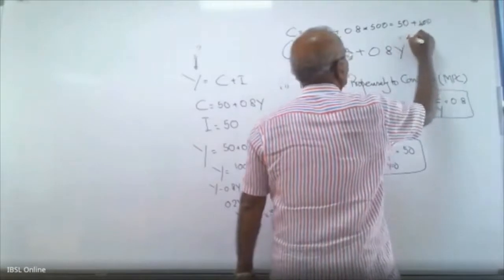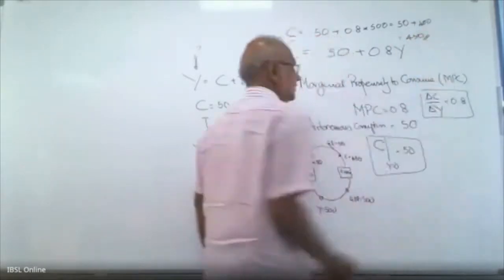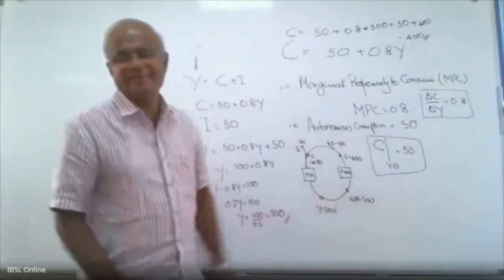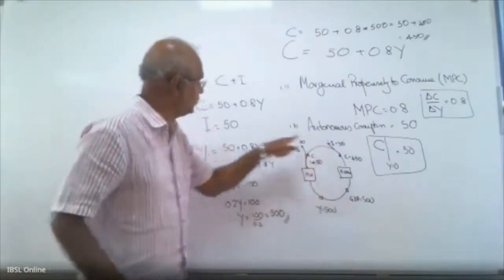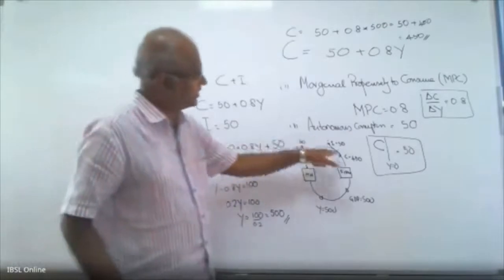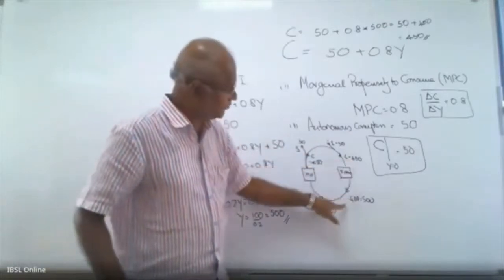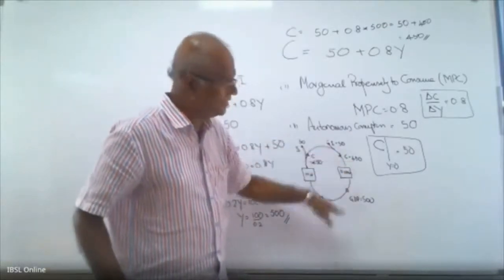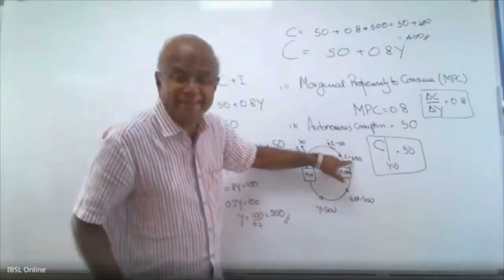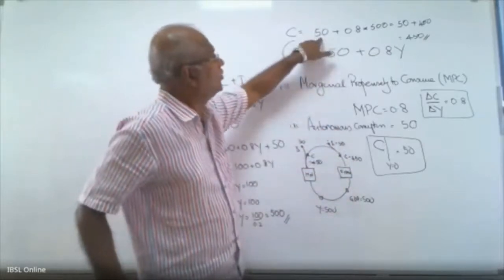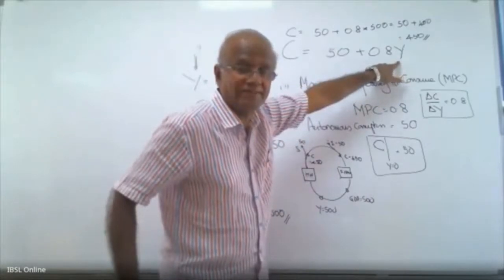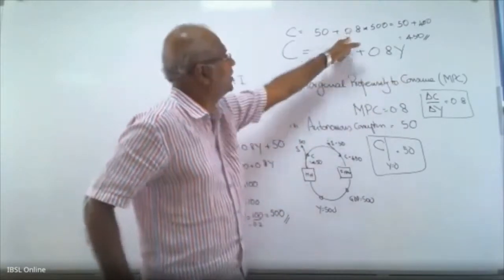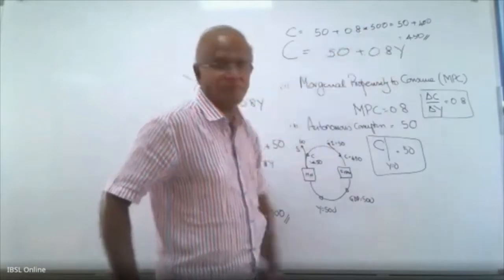That is 450. Understand the calculation of 450? We calculated Y as 500. We know investment is 50, therefore consumption should be 450. So this 500 equals 450 plus 50. But this 450 you can obtain if you substitute this Y into the consumption function: 50 plus 0.8 into 500 is 450.